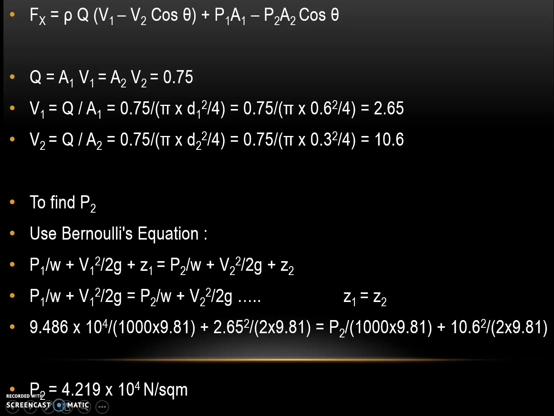So with this, we get the value of P2 as 4.219 into 10 raised to 4 Newton per square meter.